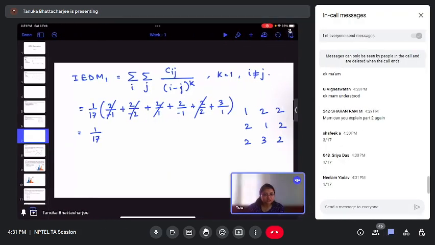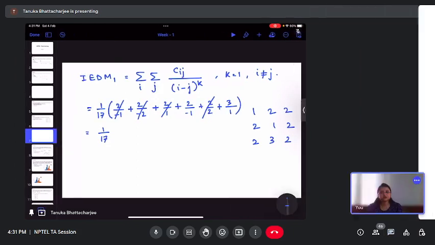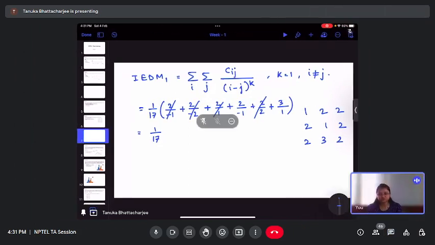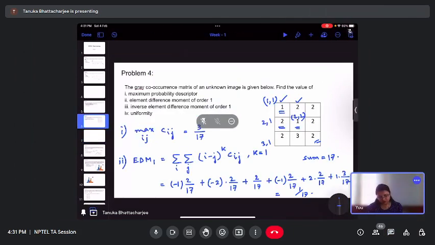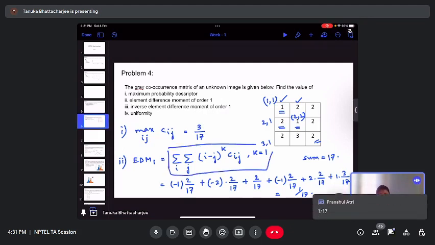Someone was asking about the part 2. Sharon, you were asking about the part 2, which is the element difference moment. So this is the formula for element difference moment. So we first compute the Gray co-occurrence matrix, which is already given to you in this question.